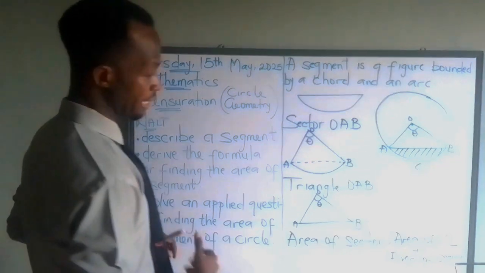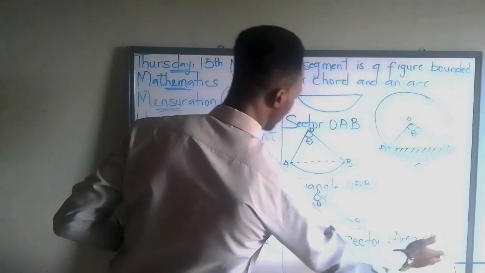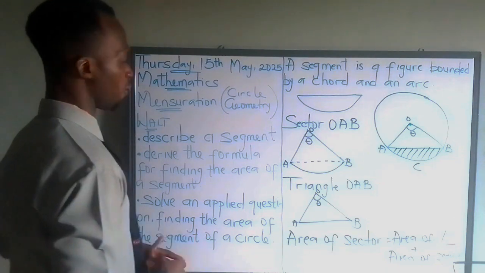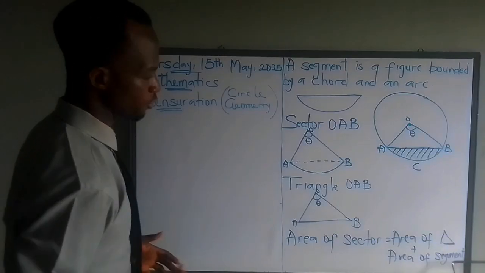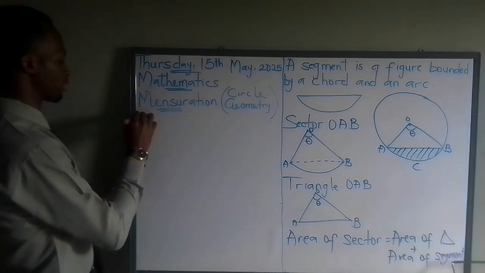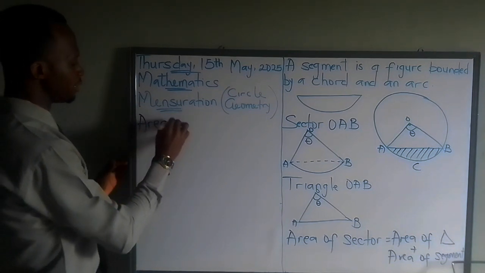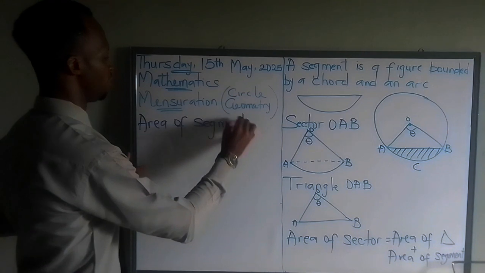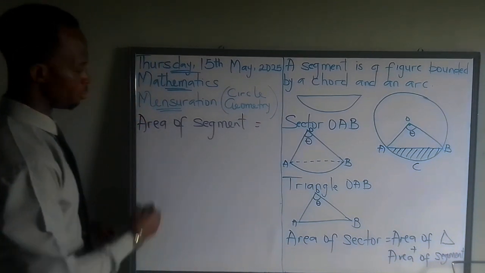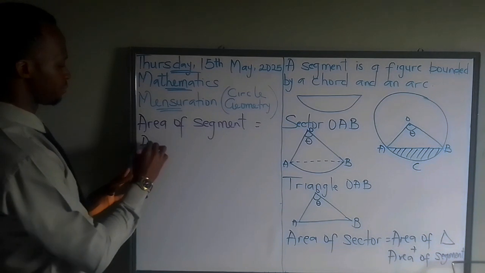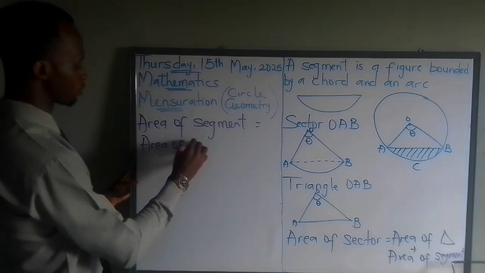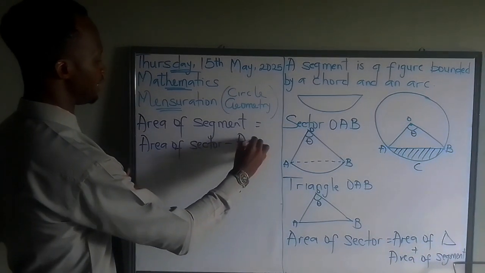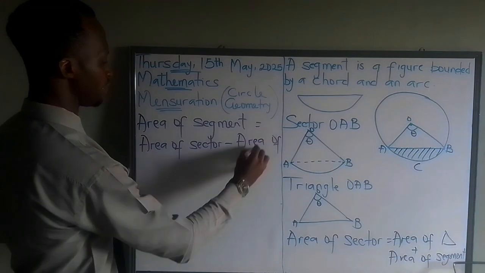So let's go on from here. Here we can make the area of segment the subject of the formula. All right. So area of segment will be equal to the area of sector minus the area of the triangle.